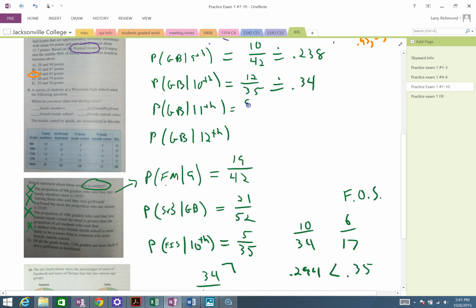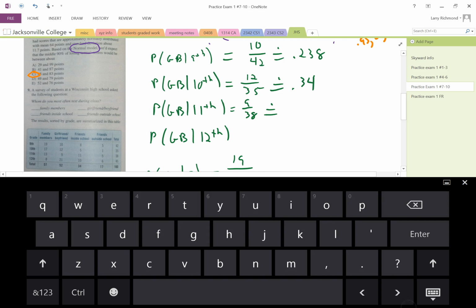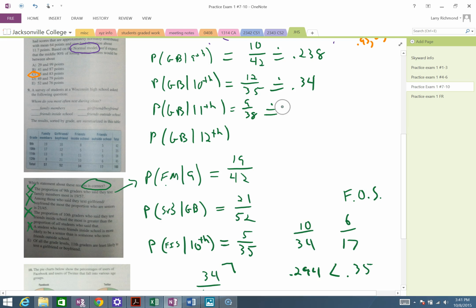Not very many of those. 0.237. Slightly less than those in the 9th grade. The 12th graders, 21 out of 45. And that is 0.47 roughly.